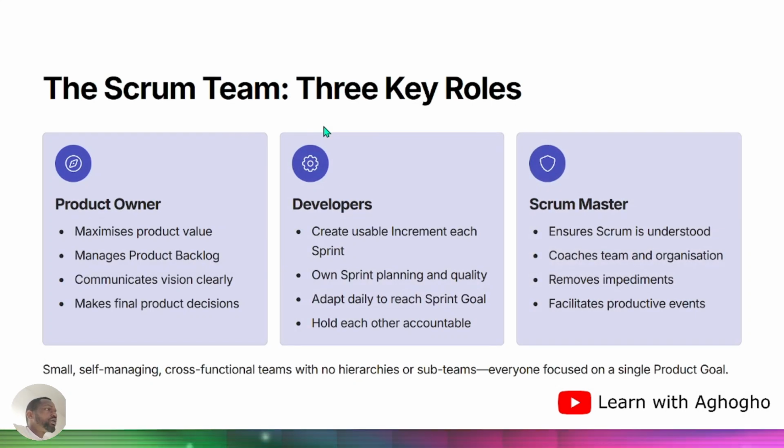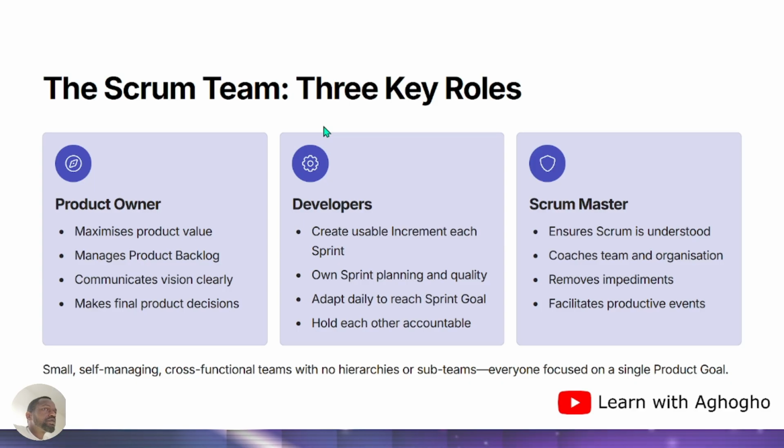Here, we'll be talking about the Scrum team. The Scrum team is made up of the product owner, developers, and Scrum Master. So who is the product owner? The product owner is the man with the big bag, the man that defines what goes into the backlog.